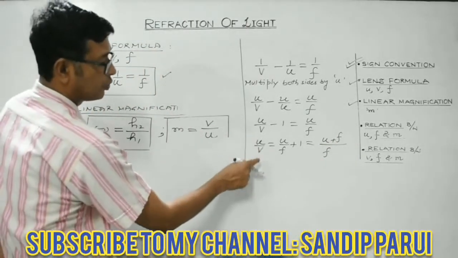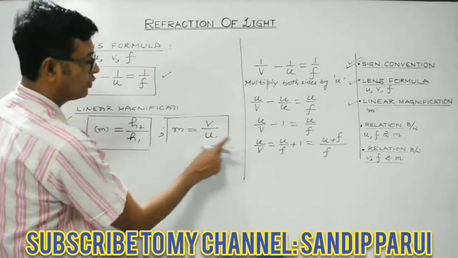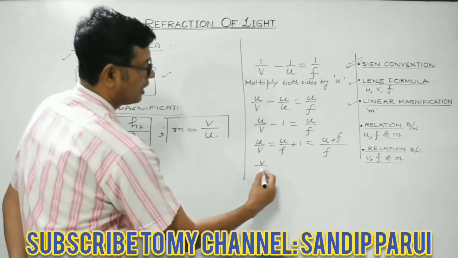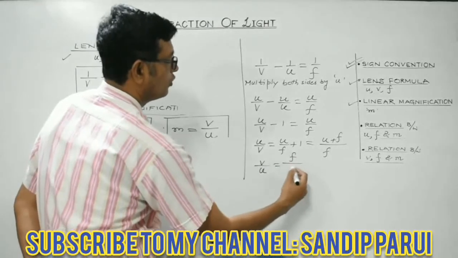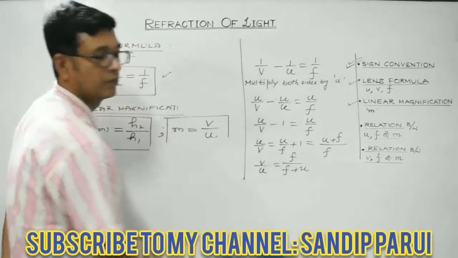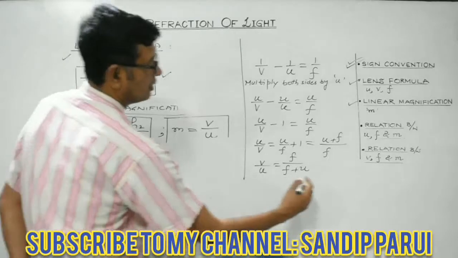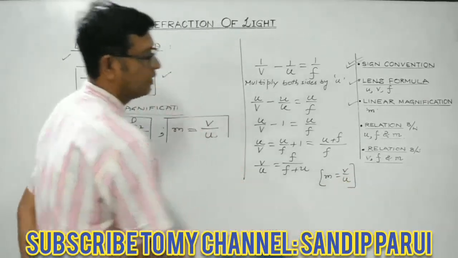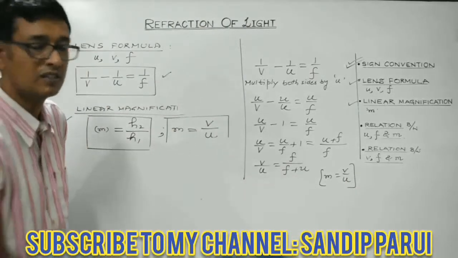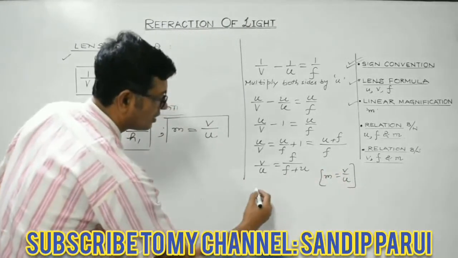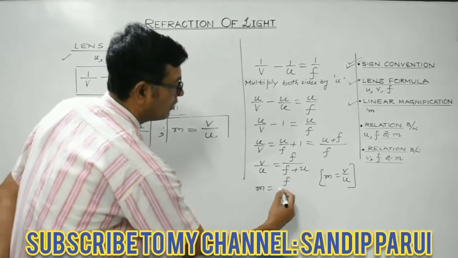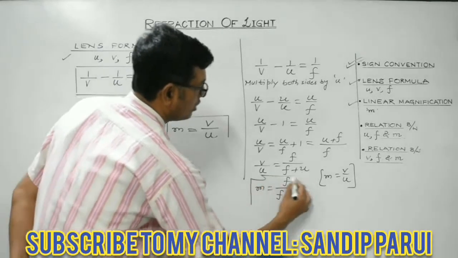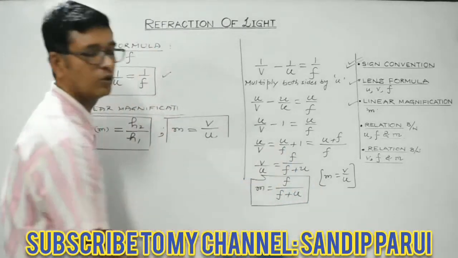Now taking reciprocal, why we are taking reciprocal? Because we need to find out the expression of linear magnification. So taking reciprocal, we get v by u is equal to f over f plus u. And students, m is equal to v by u. For lenses, linear magnification in terms of image and object distance is v by u. So what do you get? m is equal to f divided by f plus u. So this is the relationship I am talking about.